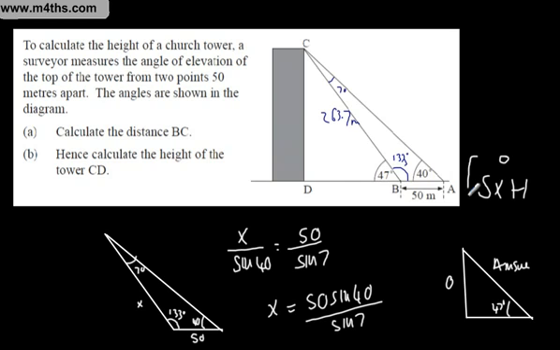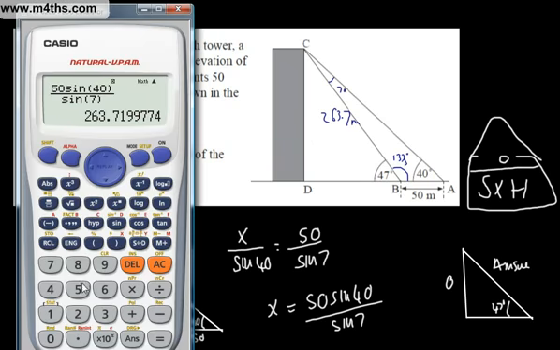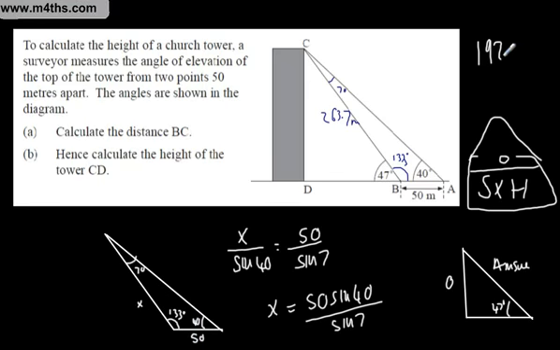We want the opposite, so all I've got to do is press answer multiplied by sine of 47, and we're going to get that height. That height is 192.9, correct to 4 significant figures. So 192.9 metres, correct to 4 significant figures.